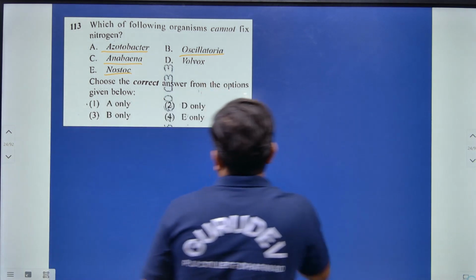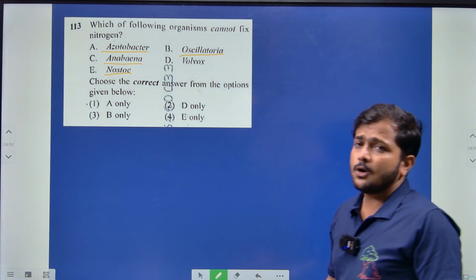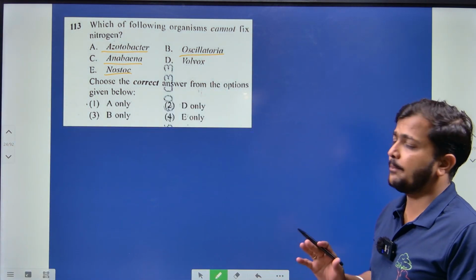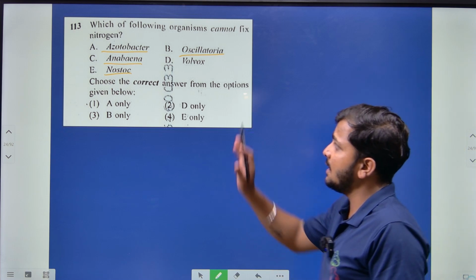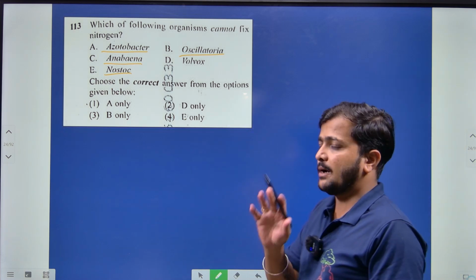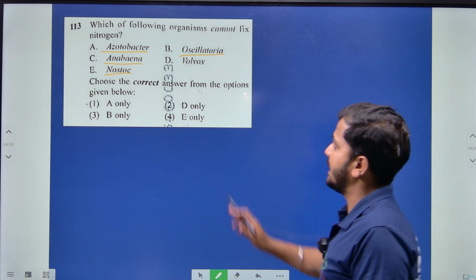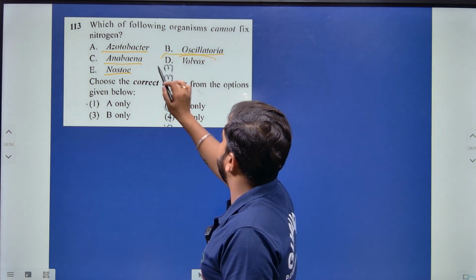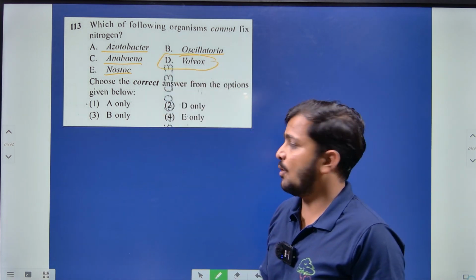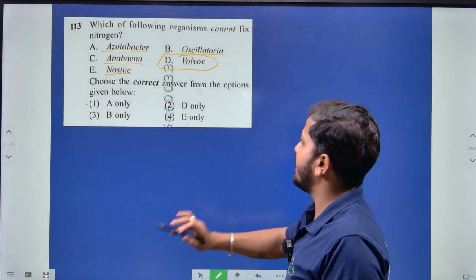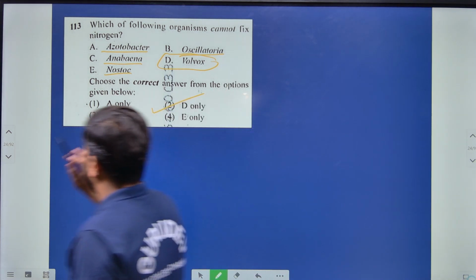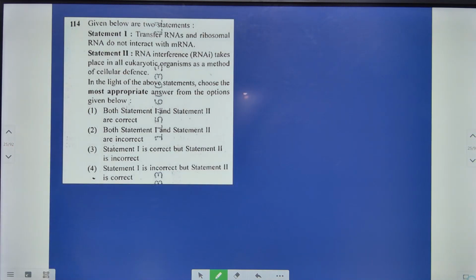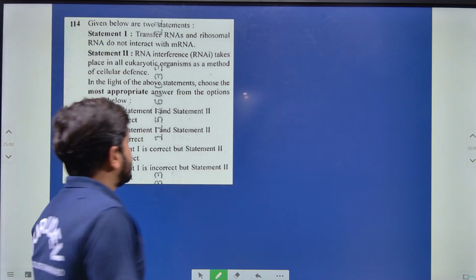So even Oscillatoria, if you consider, is known to be a cyanobacterium, which is meant for specialized nitrogen fixation, and they have a specialized component that we call the heterocyst. So here the one option left is Volvox. Volvox cannot carry out nitrogen fixation, that is option D, and it is related to algae, right?